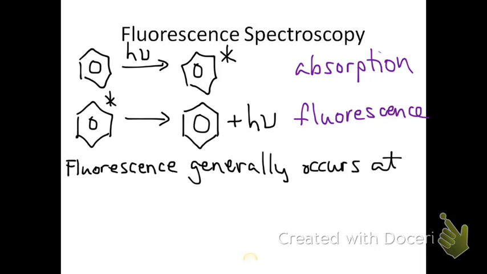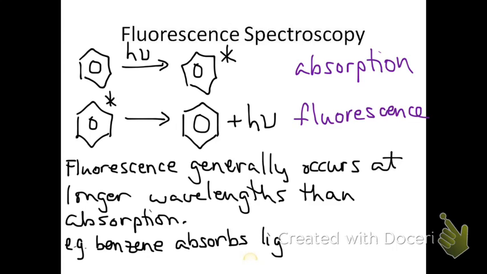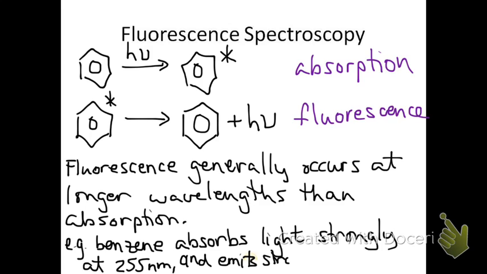Fluorescence generally occurs at longer wavelengths than absorption. So for example, benzene absorbs strongly at around 255 nanometers, but its maximum wavelength of emission is 285 nanometers. So energy is lost between absorption and emission of a photon.